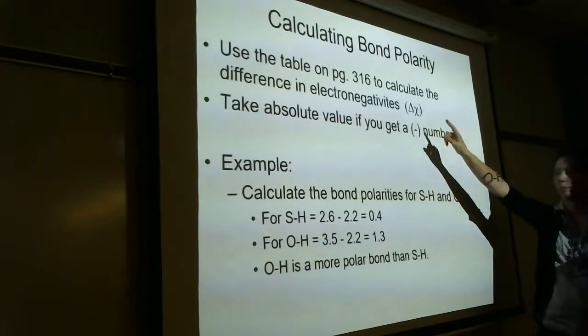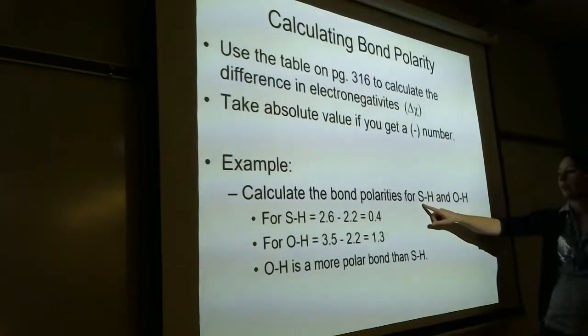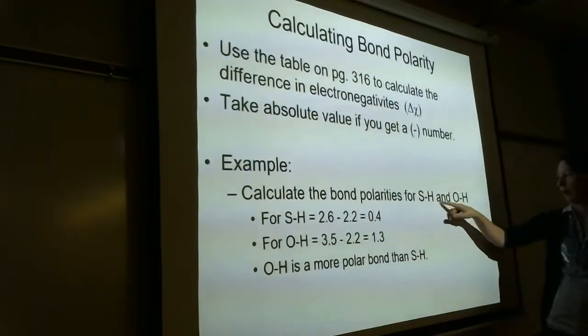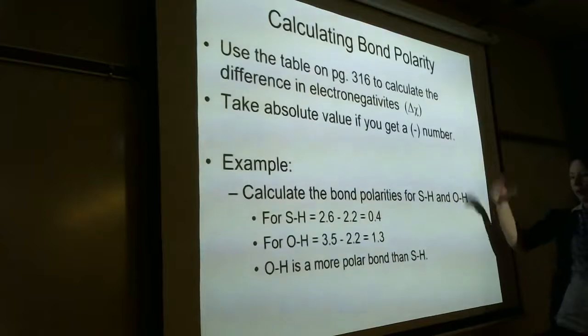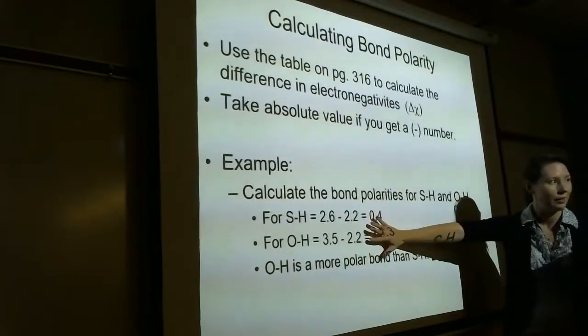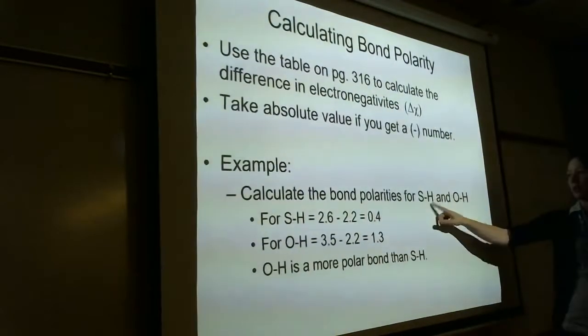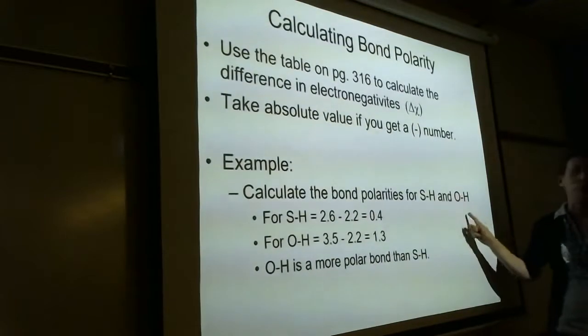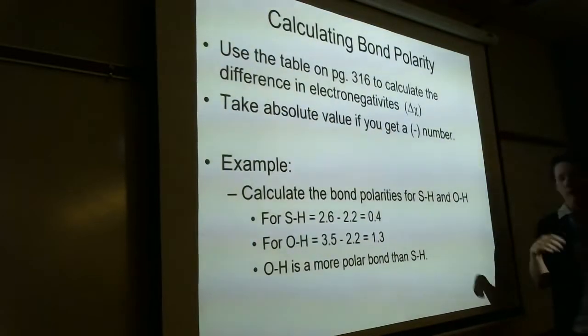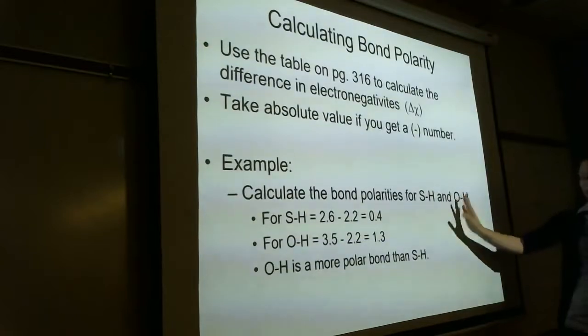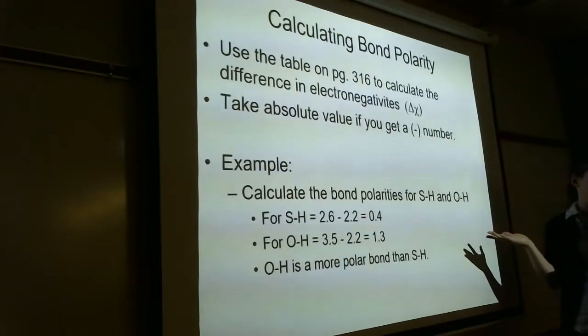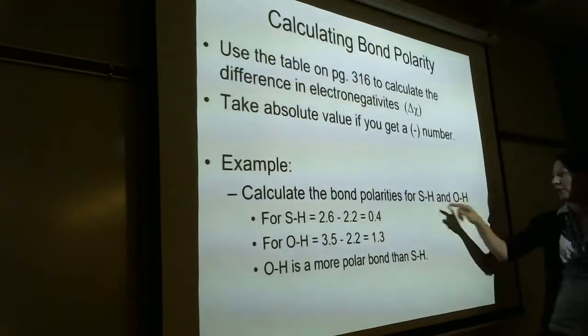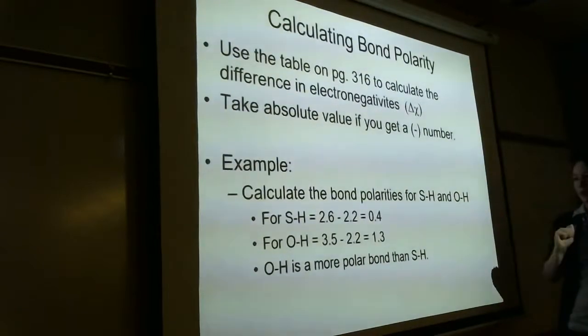All right, so let's use our figure on page 316. If you have your book with you, you can pull it out. So let's calculate the bond polarity for a sulfur-hydrogen bond versus an oxygen-hydrogen bond. Now, before you do any arithmetic, you should be able to predict which one of these is going to be more polar just because you can look at the periodic table, right? Which one of these should be more polar? They're both being bonded to hydrogen, so you're comparing sulfur versus oxygen, right?